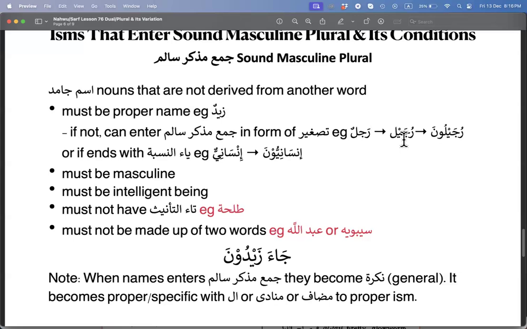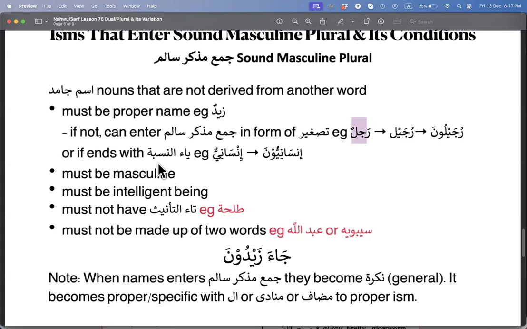A small man, basically. And then from there, you can make it jamak, rujailun. But if not, of course, we know what's the plural of rojul? Rijal. Exactly. We don't say rojuluna, right? So that's why.